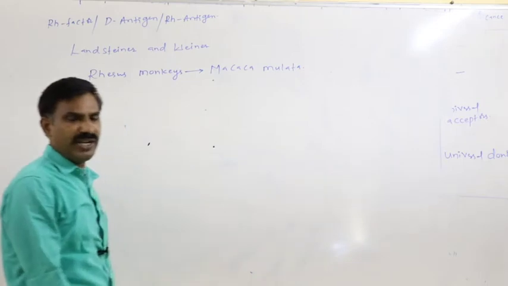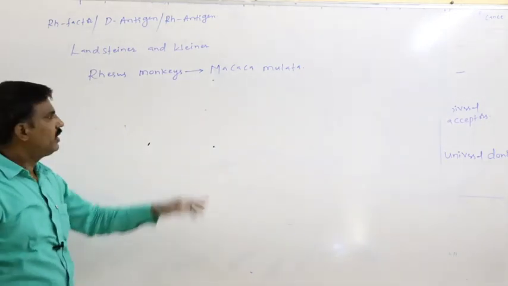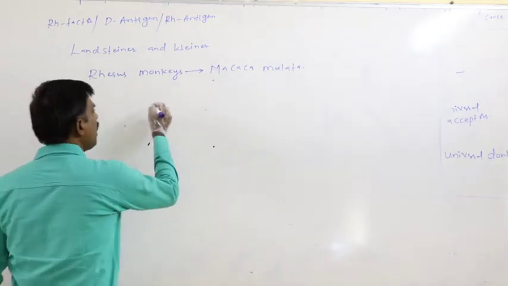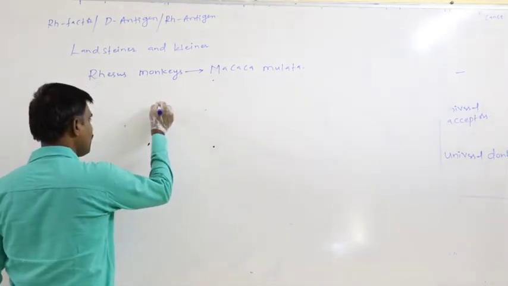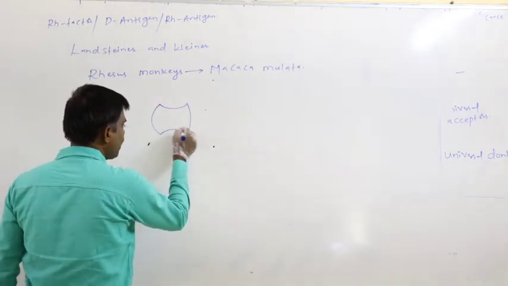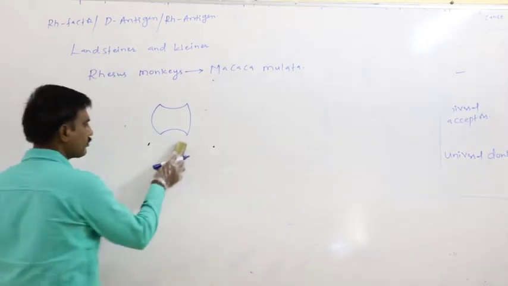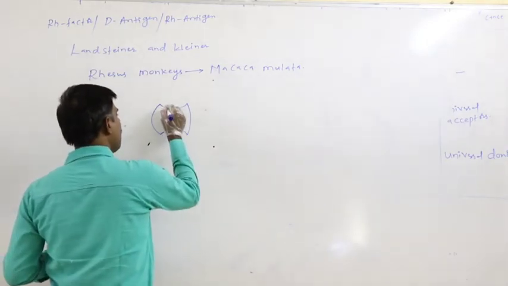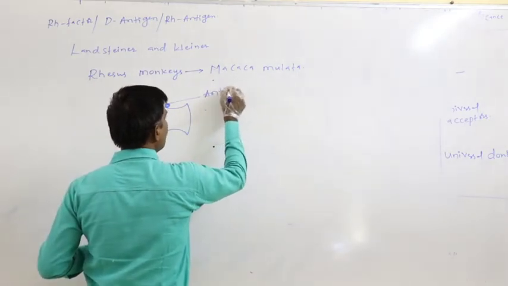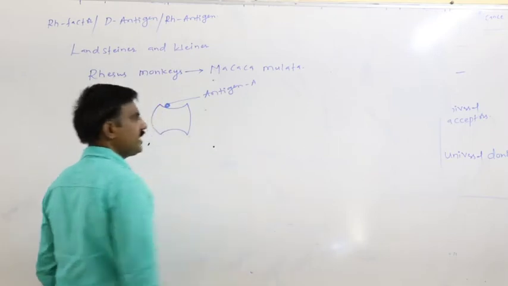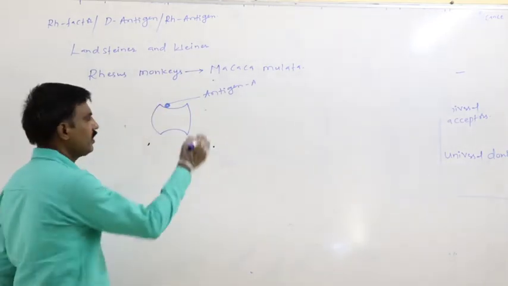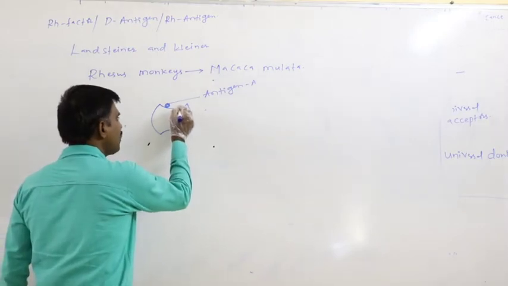At first, on the surface of the Macaca mulatta or rhesus monkey RBC, in addition to the normal antigen, for example, if the blood group is A, the normal antigen is A. In addition to that, another antigen was also discovered.